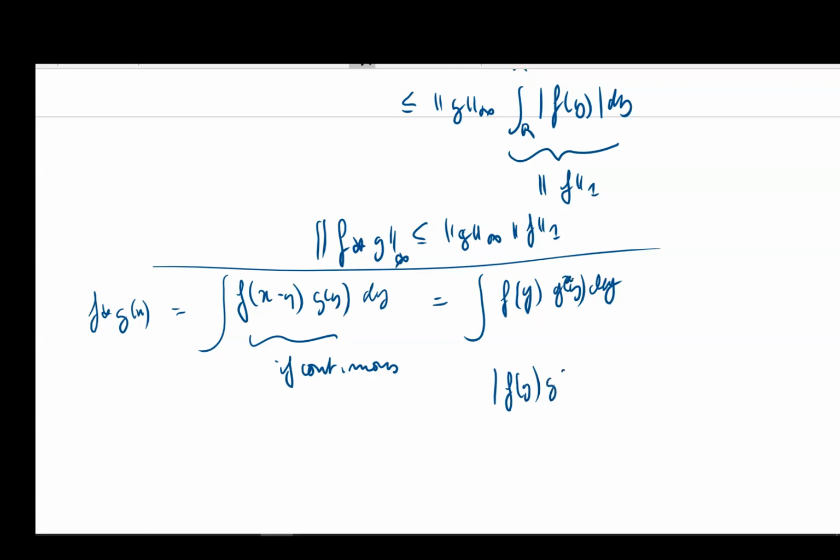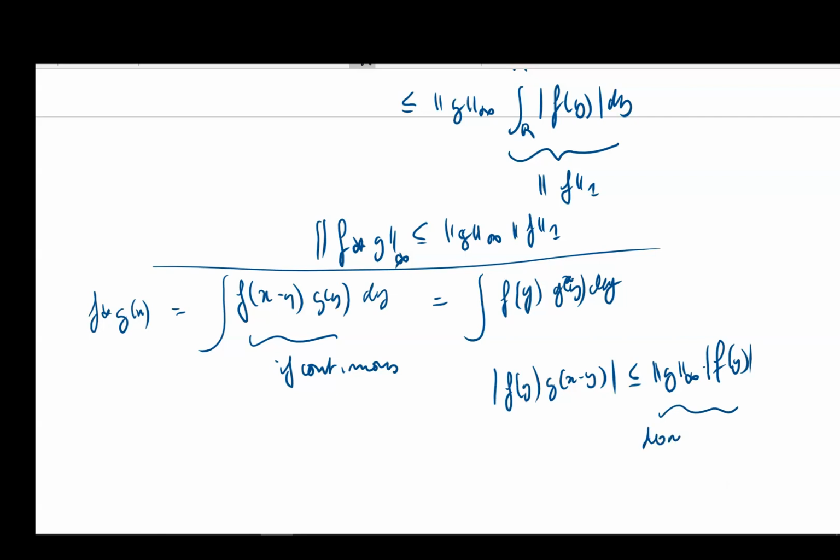Our dominating function is just going to be the infinite norm of g times the absolute value of f(y). And of course, as f belongs to L1, that's an integrable dominating function.